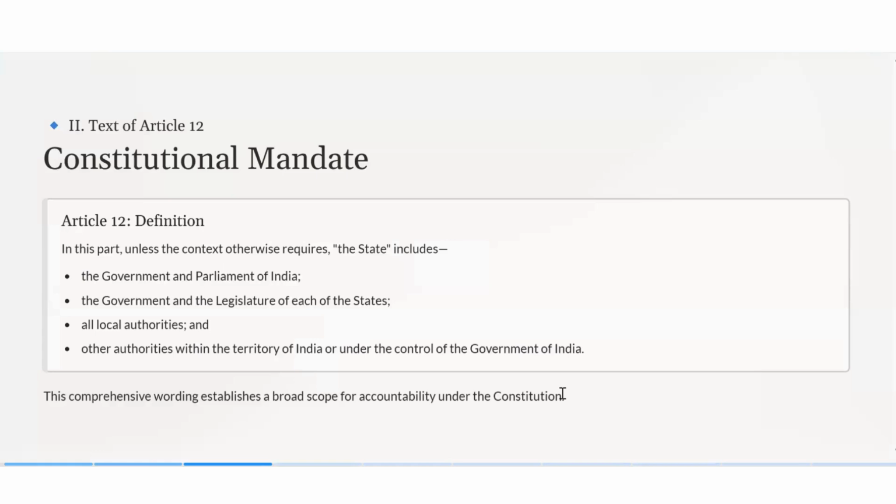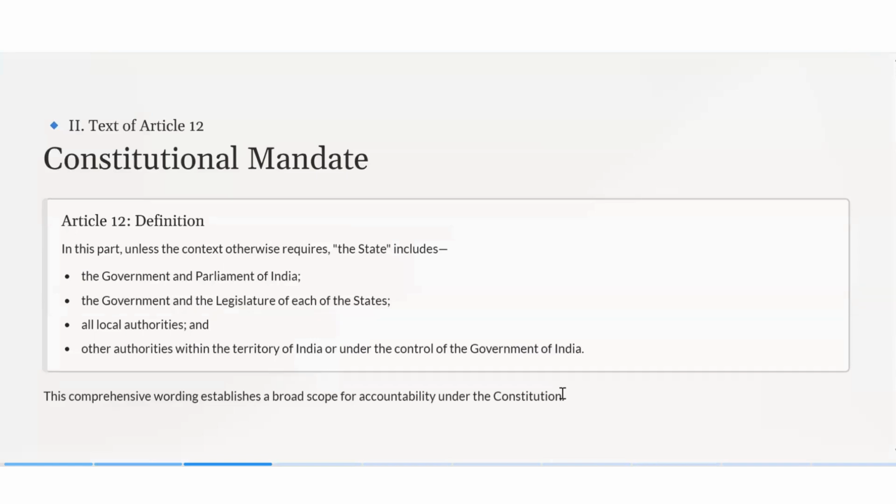It can include others by certain tests. If we find during the test that it has some control by the Government of India, then it can be called state.